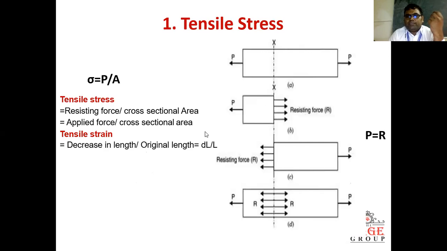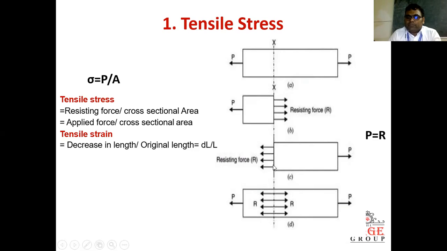So you can understand what happened. This is a small plate, and you are applying the load, and we are assuming that this cross sectional area experiences some internal resisting force.